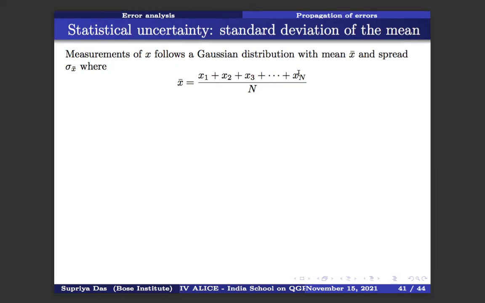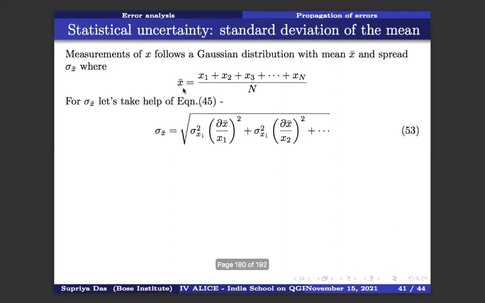You measure a quantity x n times, and every time you get a different result. For example, you measure the length of a line once again. Every time you get a new result, and after n measurements you get an average like this. Then what will be the sigma of x bar? That is where we are interested: the standard deviation of the mean.